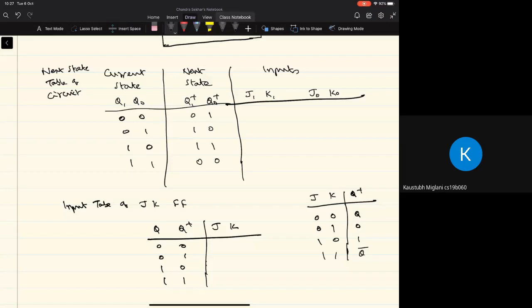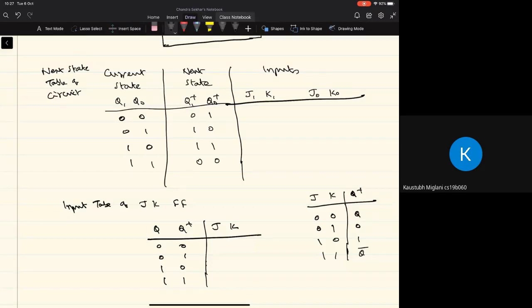It says that if JK is 0, 0, Q plus is Q. If it is 0, 1, Q plus is 0. If it is 1, 0, Q plus is 1. And if it is 1, 1, Q plus is Q complement. So now you tell me, when I want Q plus to be 0, what should be the input combinations? The input combination 0, 1 will guarantee that.